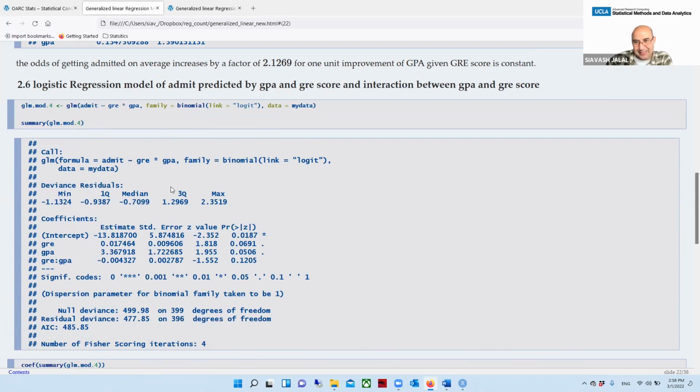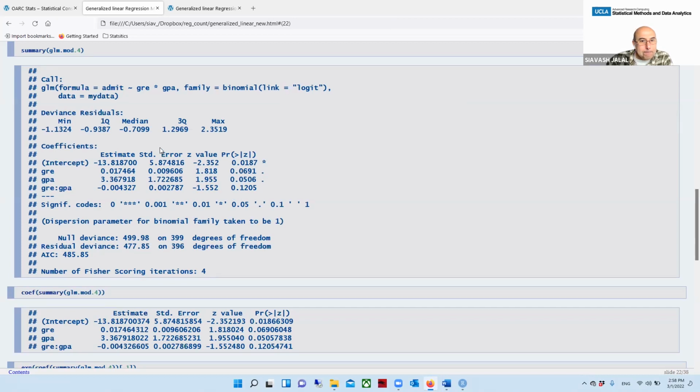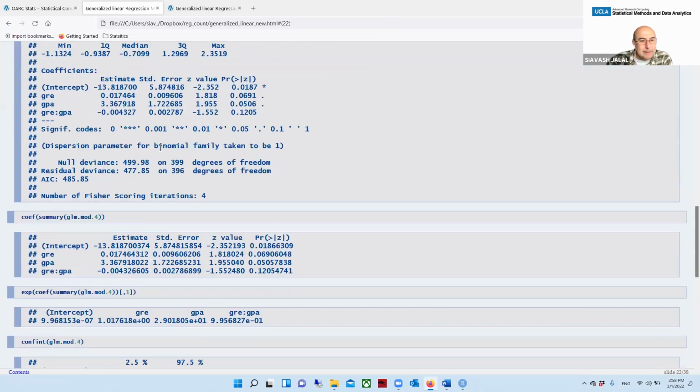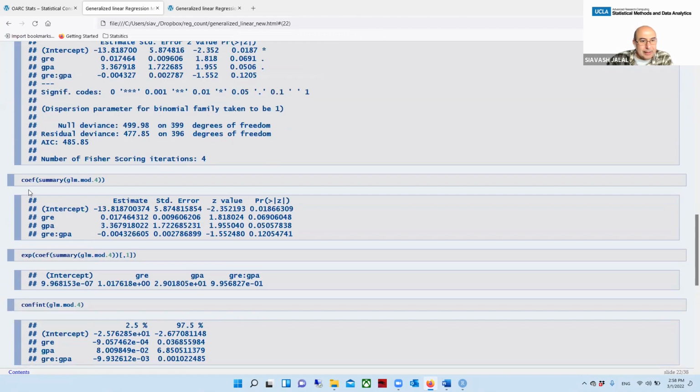I haven't done it here, but that's how you do it. I thought it gives you that already here. It doesn't. Anyhow, I get the coefficients again.